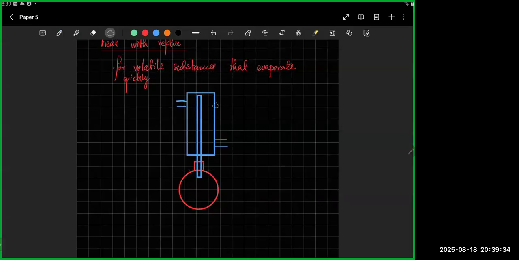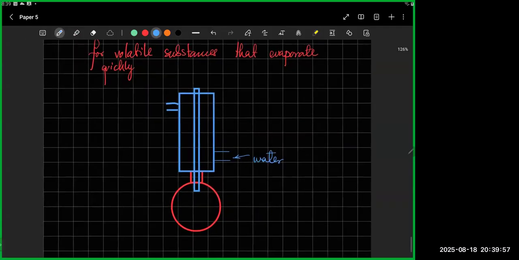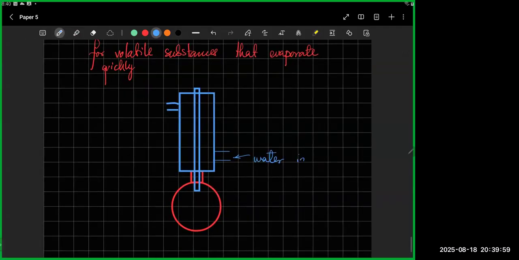Okay, it's connected, and that's not coffee. Anyways, you've got water in, water out, or this is filled with water.